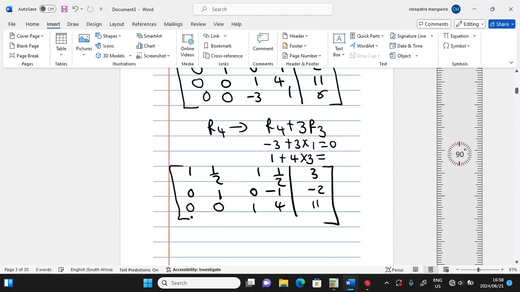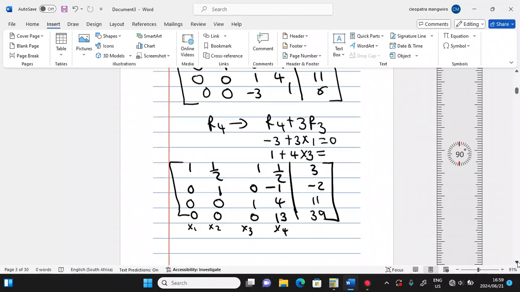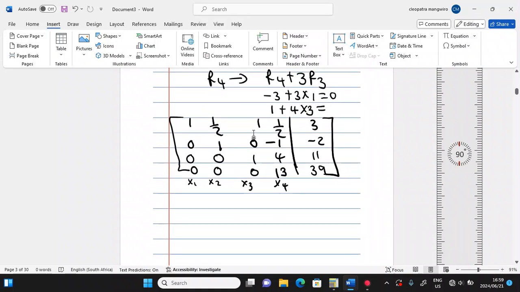Then row 4 we see 0, 0, 0, 13, 39. The columns are x1, x2, x3, x4. We could even divide by 13, but we have already finished the reduction.